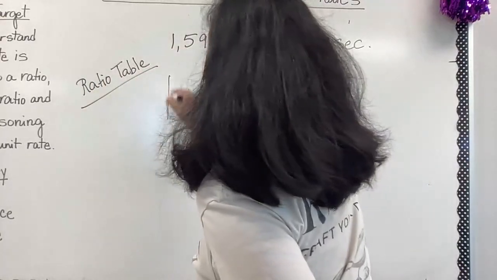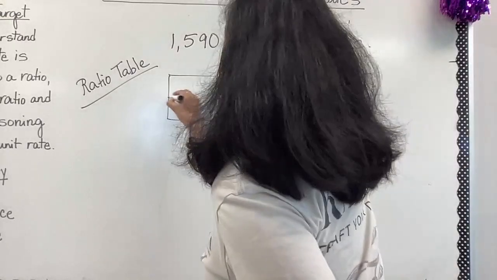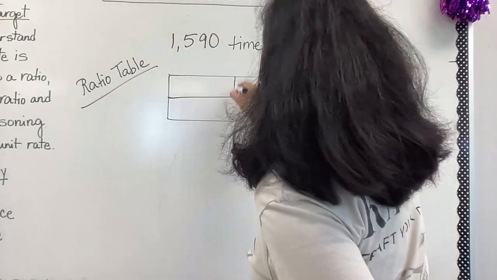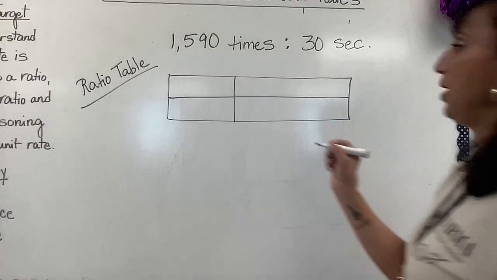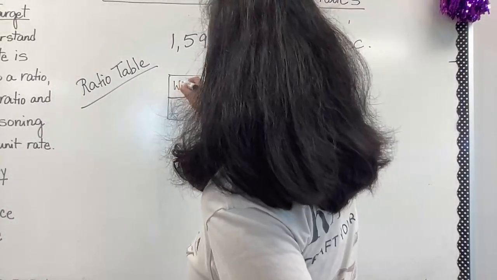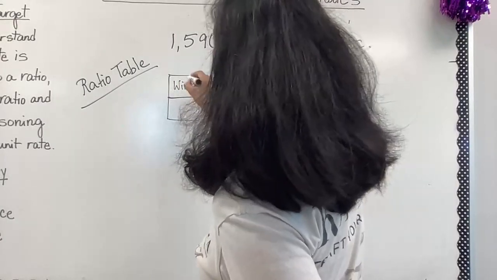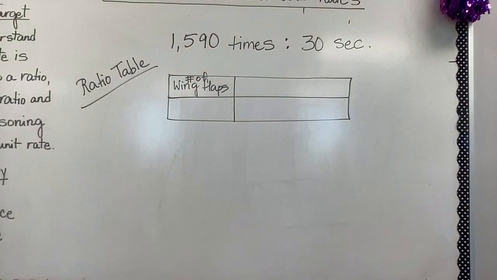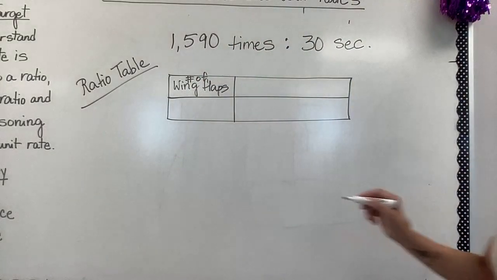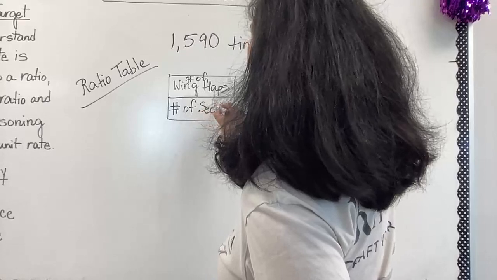So I'm going to make a table. We are going to talk about number of wing flaps, so this is my number of wing flaps, and this is my number of seconds.